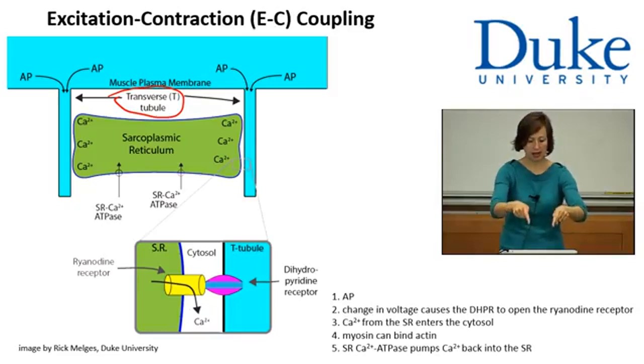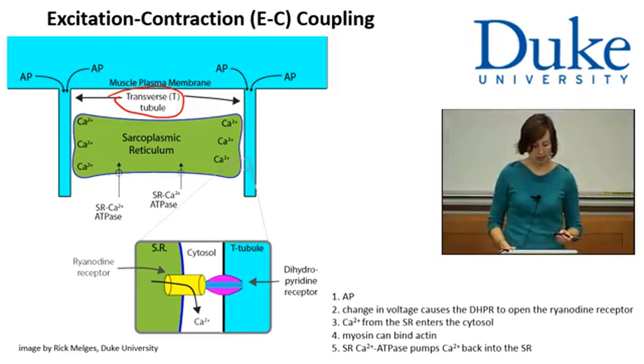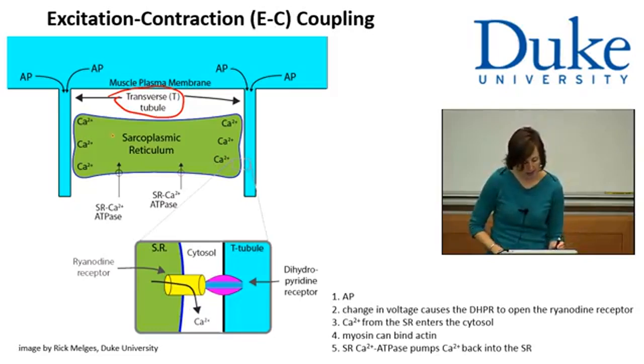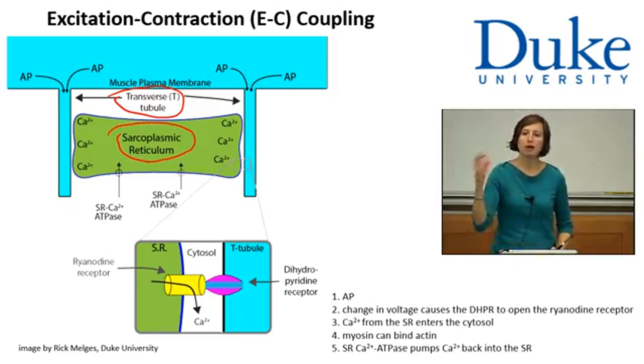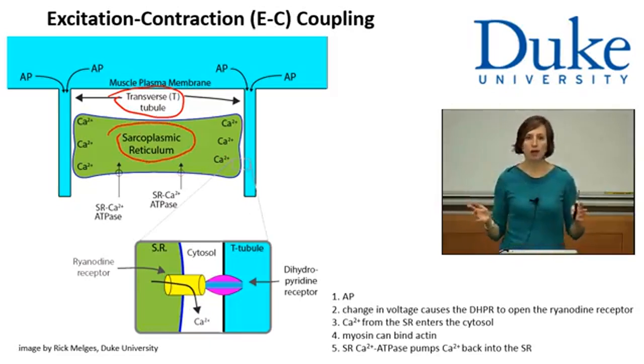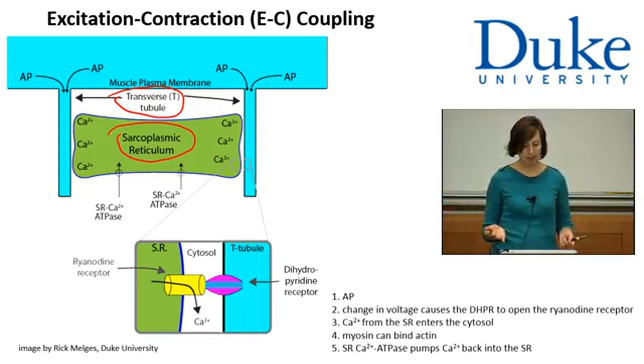And on the next slide, we'll see another view of that. In between these T-tubules is going to be the sarcoplasmic reticulum of the skeletal muscle, which is a muscle-specific form of the endoplasmic reticulum that stores calcium.